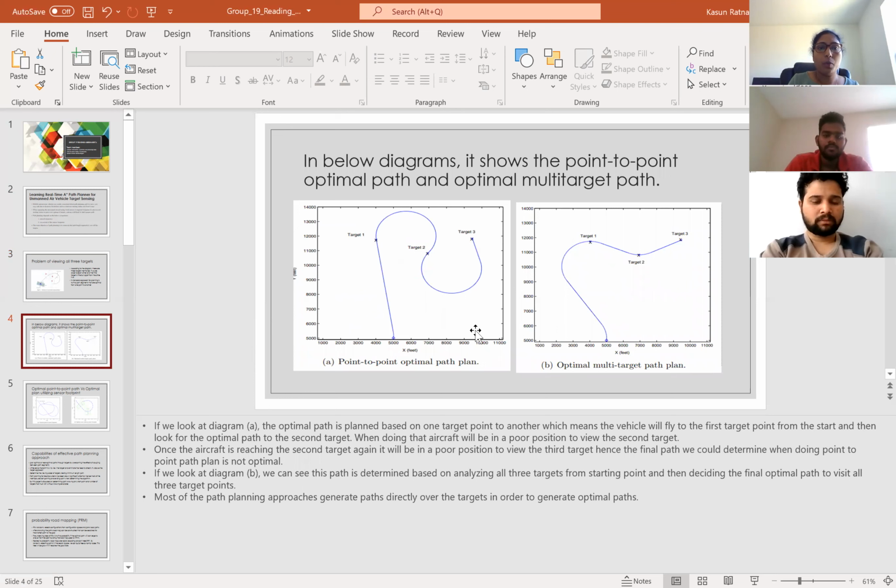Here we have one diagram which will explain the point-to-point optimal path plan, and on the other side, you will see the optimal multi-target path plan. If you look at diagram A, the optimal path is planned based on one target point to another target point.